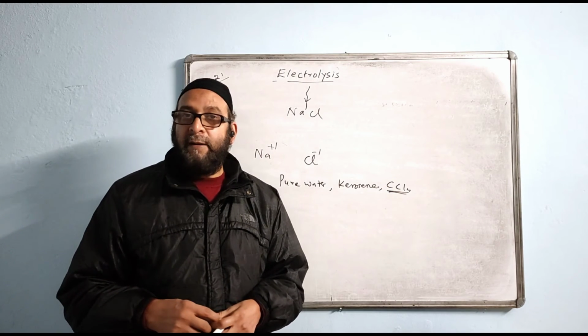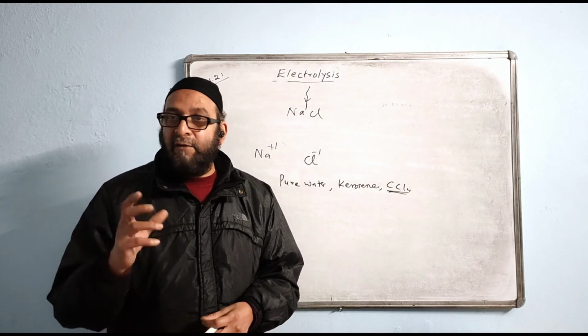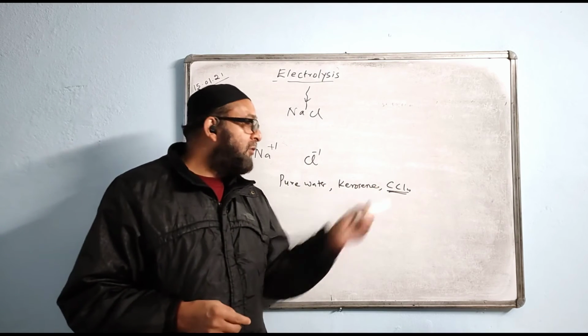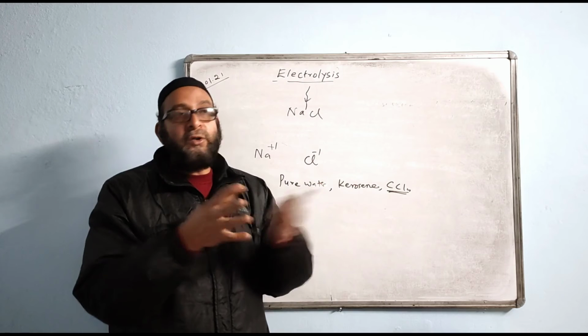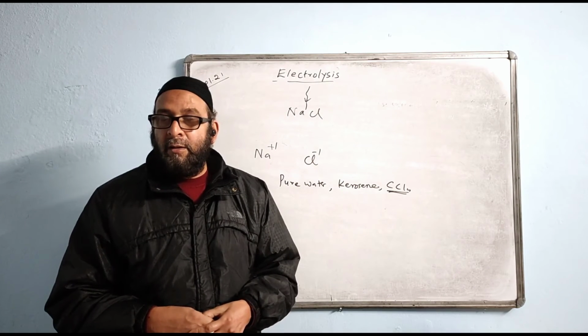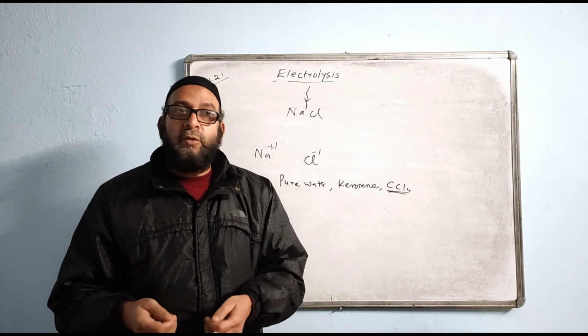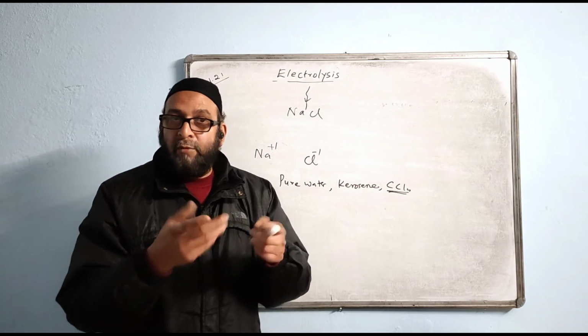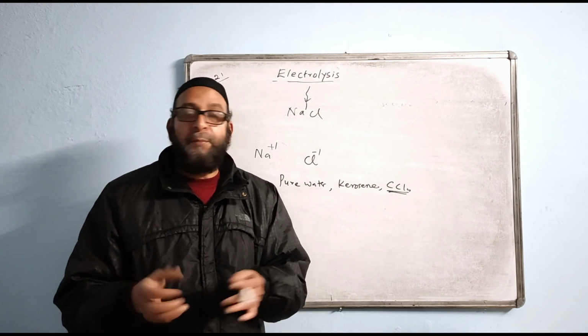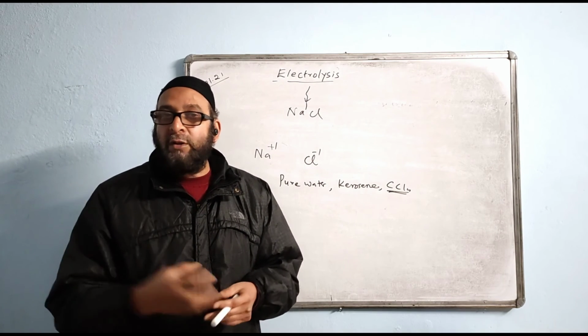CCl4 is used in extinguishing electrical fire, because it is a non-electrolyte. Suppose there is short circuiting and an electrical fire has taken place somewhere. Should we use water at home to put out the fire? The answer is no, because the water which we have at home is not pure water. It contains salts, minerals.